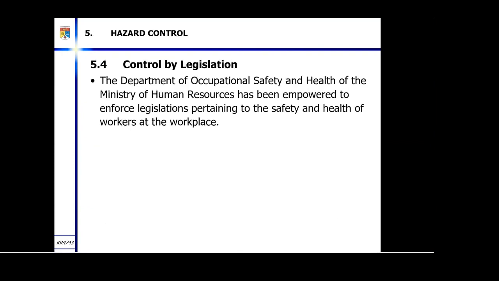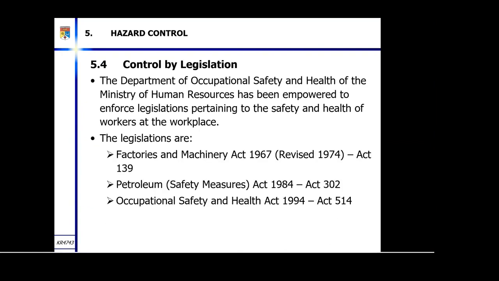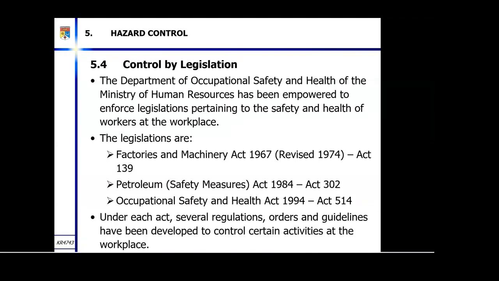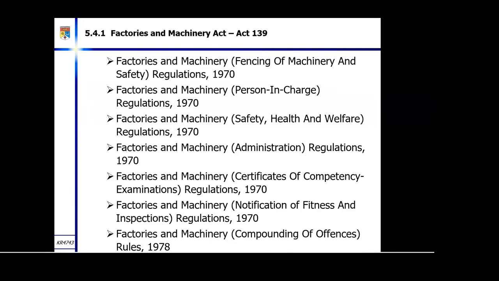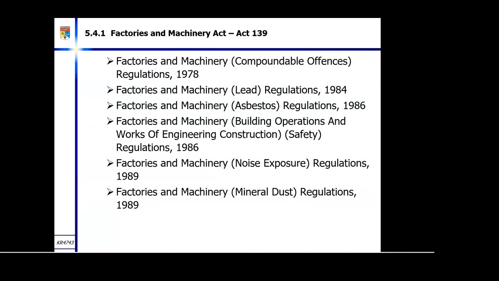So we have some very well-known acts macam FMA, Factories and Machineries Act 1967, Petroleum Act, OSHA. Okay, kalau you Google memang ada complete document for each of these. Right. So these are some points for each act. Okay. Ada setiap pecahan tu ada some guidelines and rules and regulations.